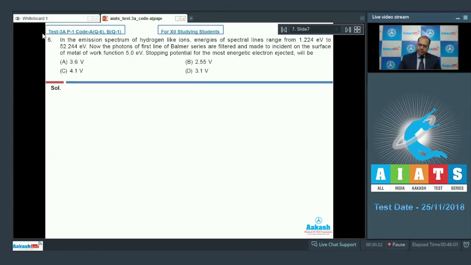So I can write 52.244 electron volt is equal to 13.6 Z square into 1 divided by 1 square minus 1 divided by n square.